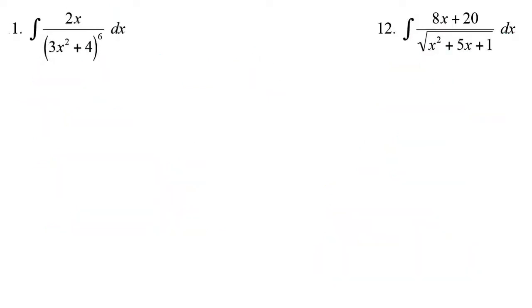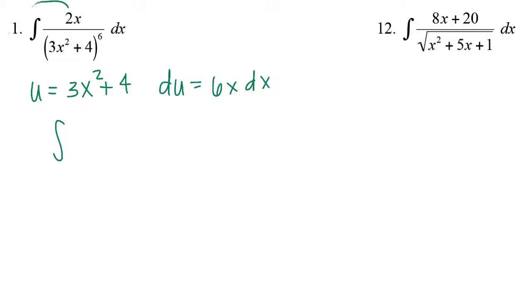Okay, and again, following the trend of u substitution, we're going to let u be 3x squared plus 4. So du is going to be 6x dx. And in our rewriting process, of course, we're going to move this 2 out.